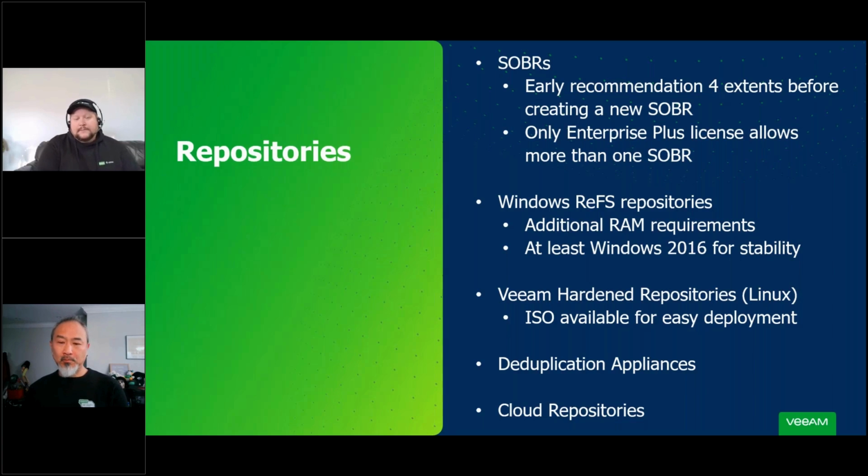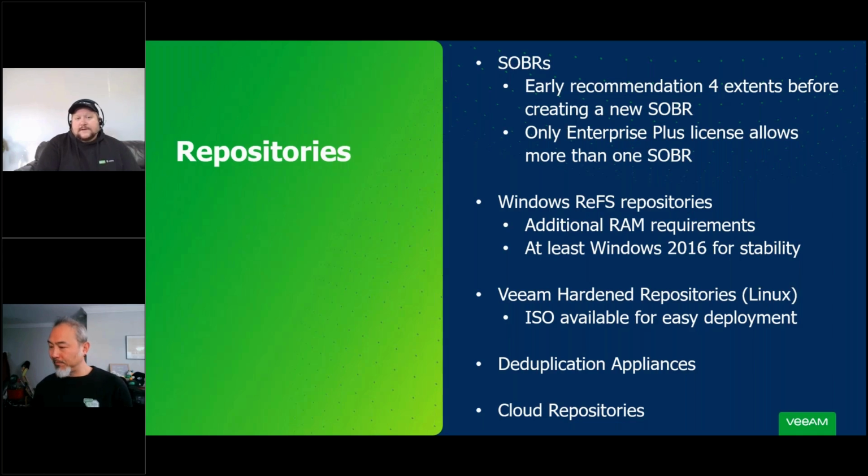I know there are many people on our call that have done that before, but Veeam now also has an ISO available that can deploy that hardened repository for you. Obviously, you need the hardware to support it, but you boot into that ISO, you install the OS, and it does all the settings necessary to get you a Veeam Linux hardened repository. So it's a great way to get that immutability into your environment at very low cost.